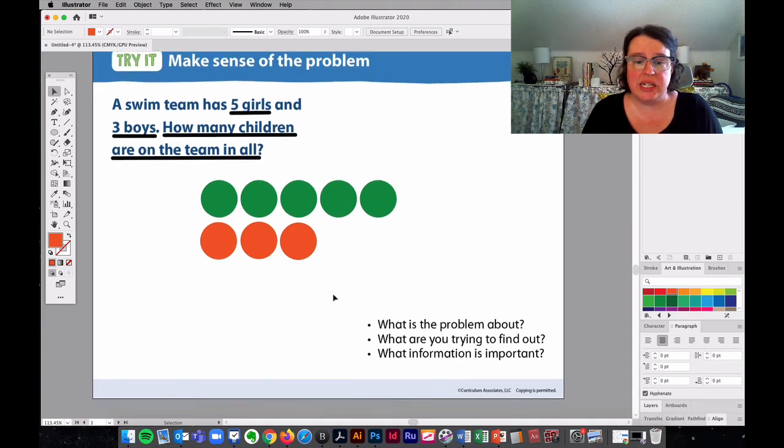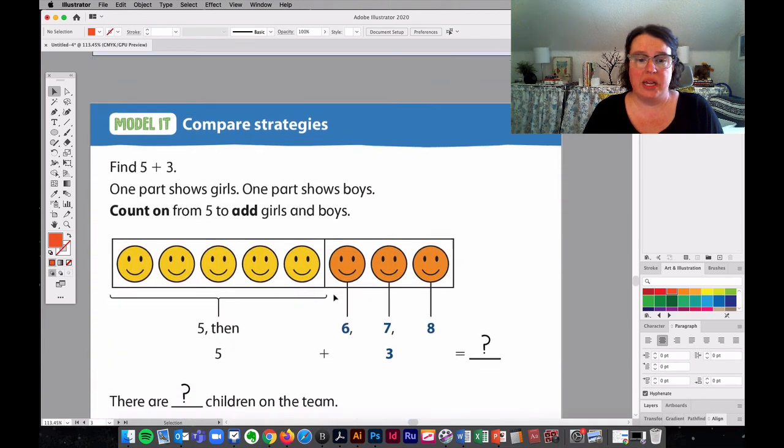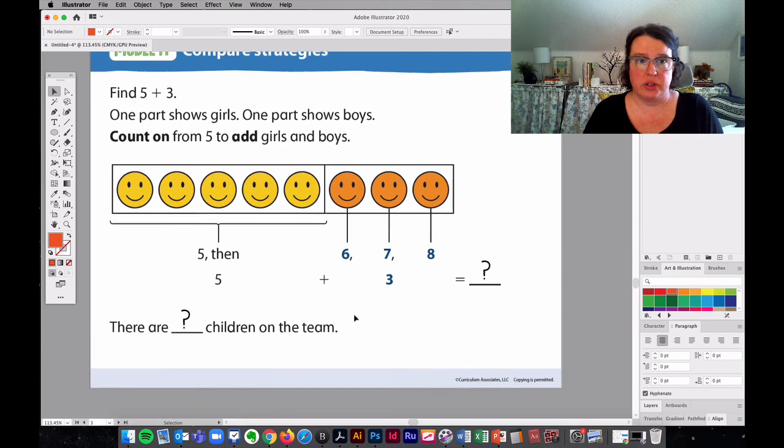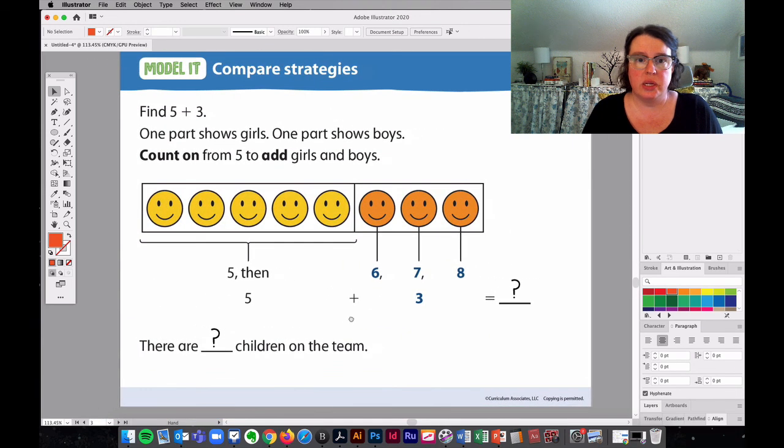Let's look at it in a different way that might make it easier for our brains to understand. Same problem, 5 plus 3. One part shows the girls and one part shows the boys. But now I have this nifty little box around it, and I know that that group is all together.